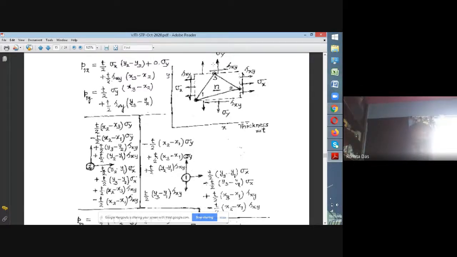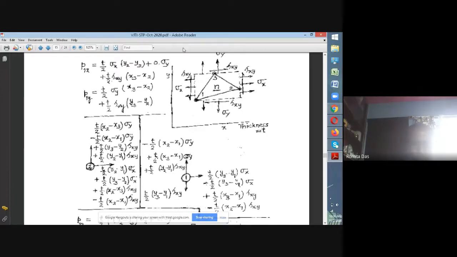Similarly, we will have a contribution in the vertical direction due to the shear stress acting on this boundary, which is nothing but y3 minus y1 multiplied by t into tau xy, and we have to put half of that, and it is vertically down. So it is written here in this line: y3 minus y1 multiplied by t by 2 into tau xy.